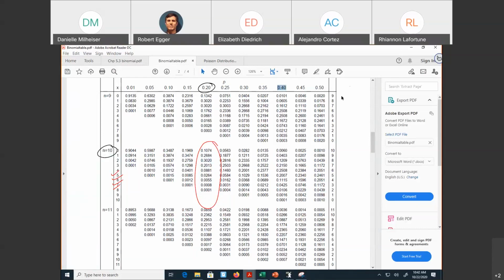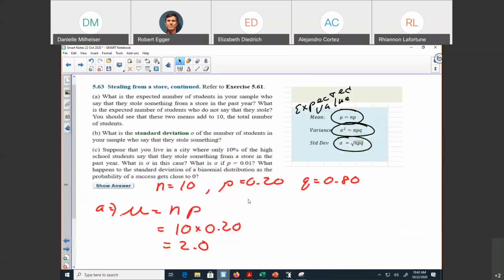Let's look at 0.4. Well, 10 times 0.4 is 4, so x equals 4, and that's the highest probability. With 0.5, x equals 5, that's the highest probability. So generally speaking, where you come up for the mean, the expected number, also generally occurs at the highest probable value on the probability distribution. That's just an observation I've made over the semesters.